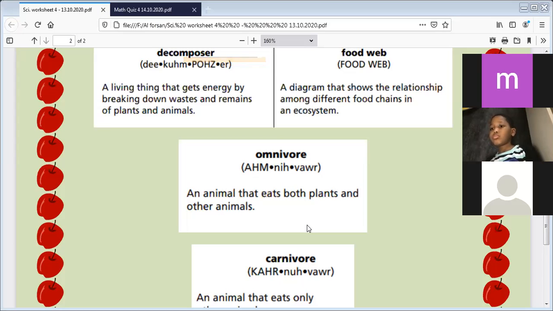Try to think about it. Like what? I don't know. Think about different kinds of animals. Like bear, you know. They eat fish, or they eat plants and meats. Okay. What kind of plants?